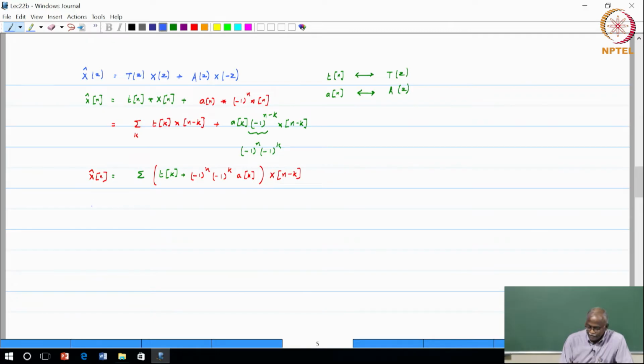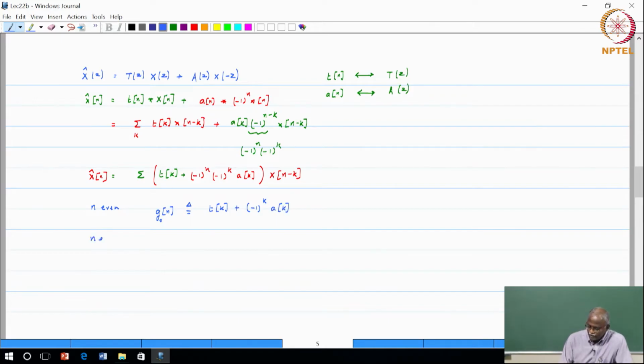So, let me take the case of n even. In that case, I can write down a new sequence g0 of n, which is defined as, since n is even, t of k plus minus 1 raised to the power k a of k.